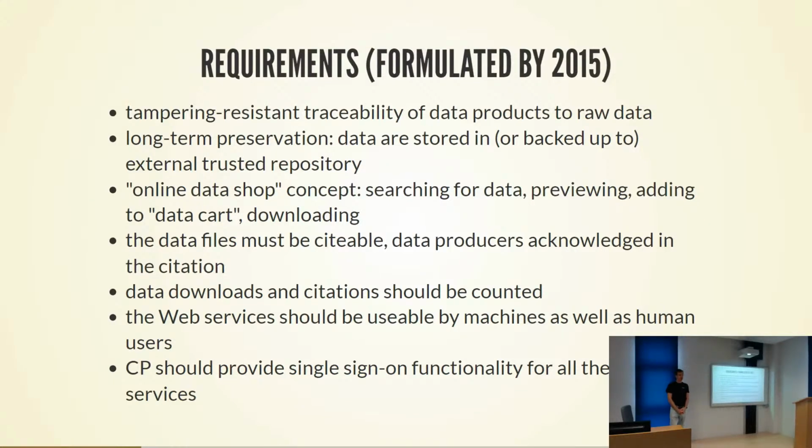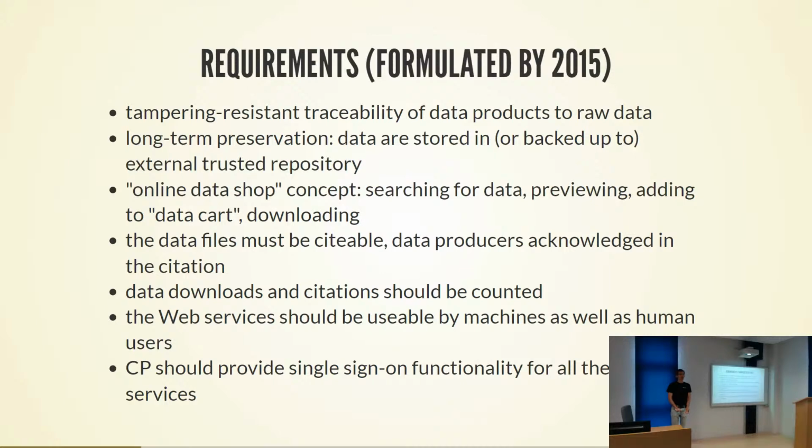There was an interest in tamper-resistant traceability of the data, so that you could somehow show that the data has not been manipulated, and basically it was an attempt to thwart the climate skeptics. You can show the provenance in detail from the raw data measurement at a certain time to the resulting data product showing how much emissions every country emits. So that's a very long-term goal. But tamper resistance was one technically interesting requirement, and we'll get back to that.